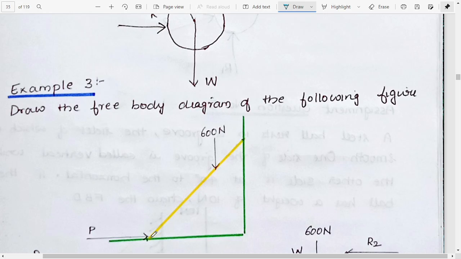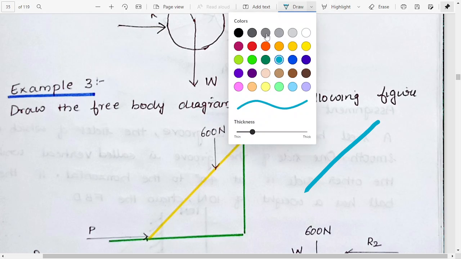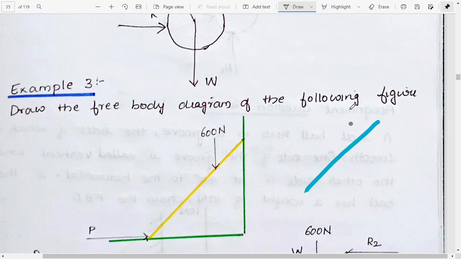Okay, so here we should draw the free body diagram of this. What is this? It's just a ladder here. After drawing the ladder, here we have a 600 Newton force. We'll draw the 600 Newton force like this.